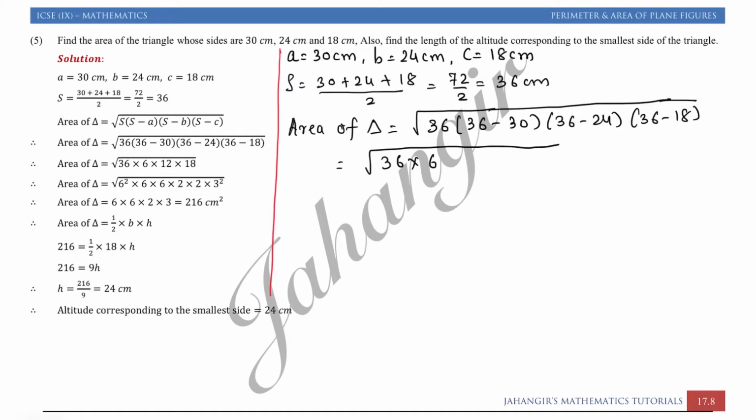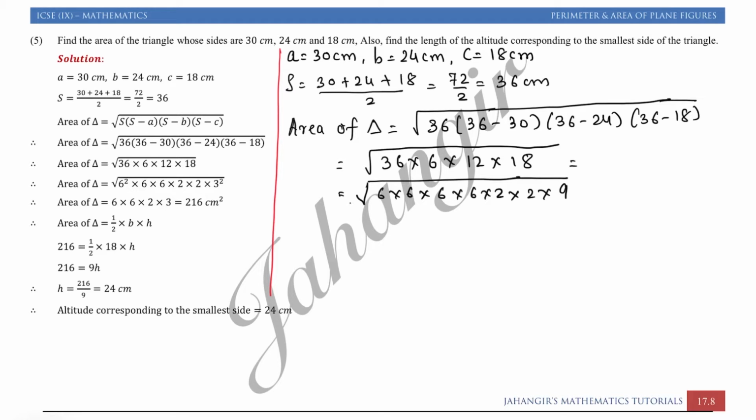36 into 6 into 12 into 18. So that can be written as 6 into 6, then 6 into 6 into 2, and 18 is 2 into 9.